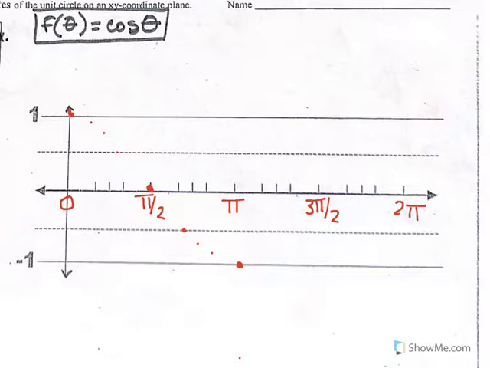Okay? Then if we come back at 5 pi over 6, we are at negative 0.8, then we're at negative 0.71, then at 4 pi over 3, we're at negative 1/2, then at 3 pi over 2, we're at 0.